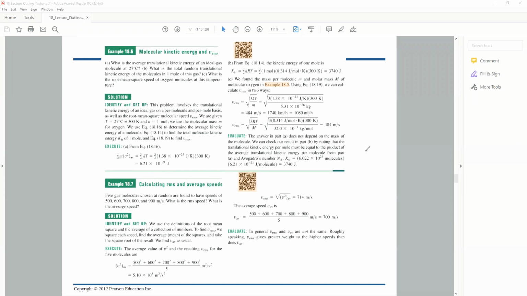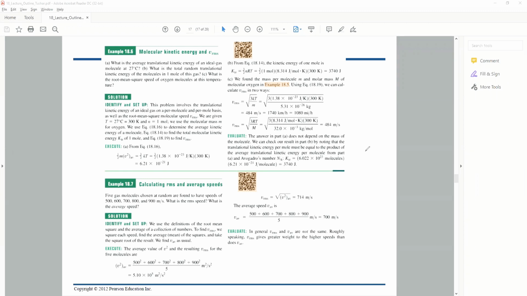That is equal to an average v squared of 5.10 times 10 raised to 5 meters squared per second squared. To get the RMS, take the square root of this value, which is 714 meters per second.